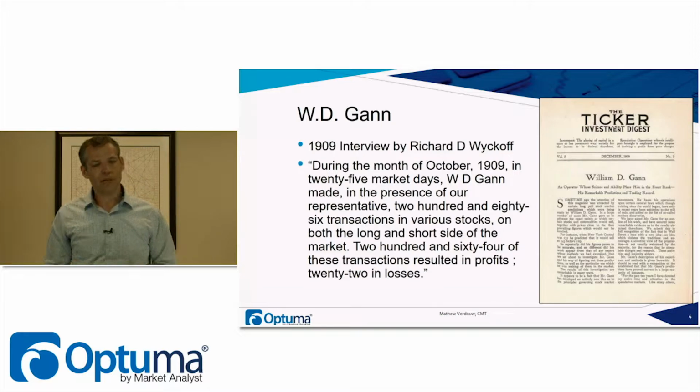So this is in front of a journalist, making a fairly good return. I think the article goes on to say that he made about 10,000% return in those 25 days.